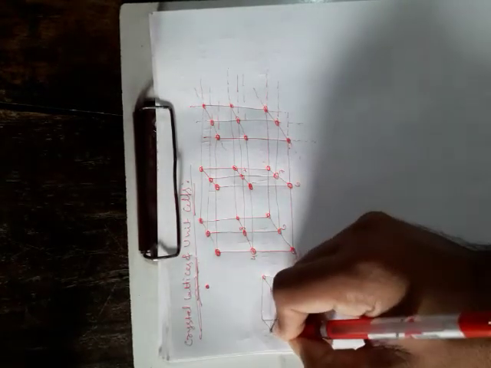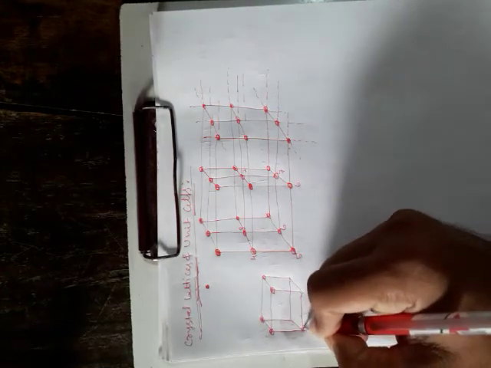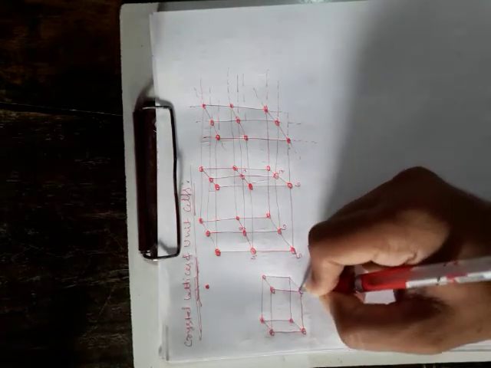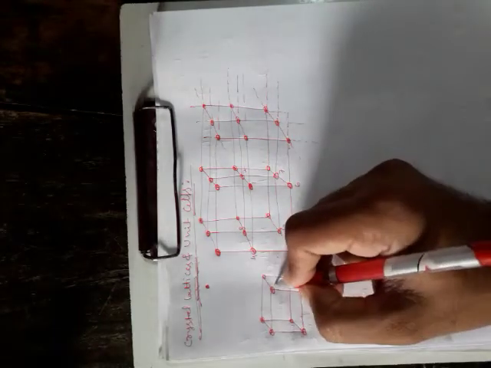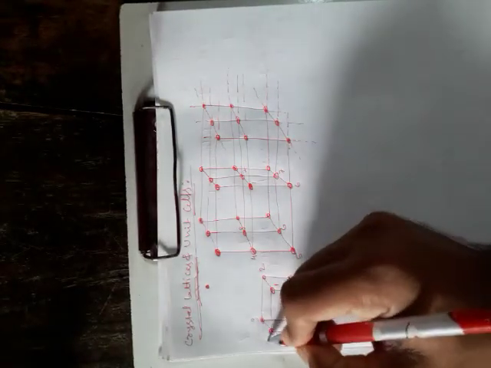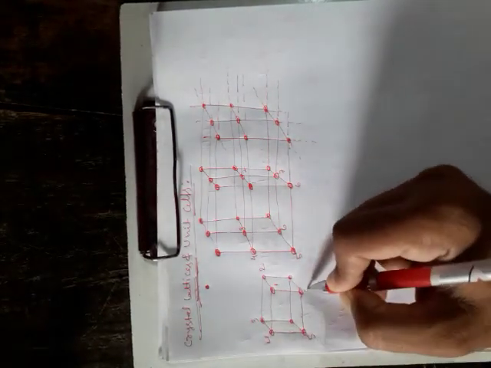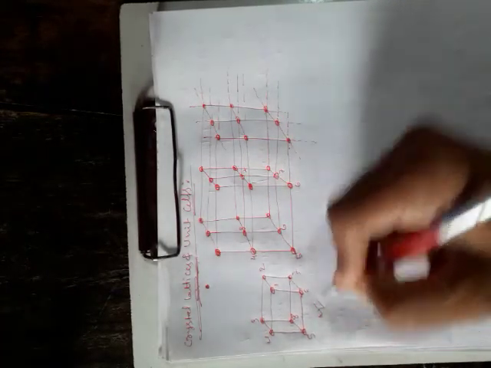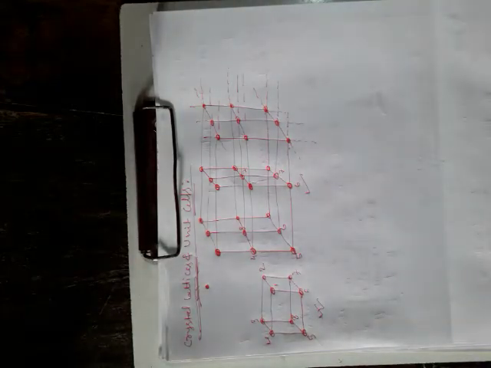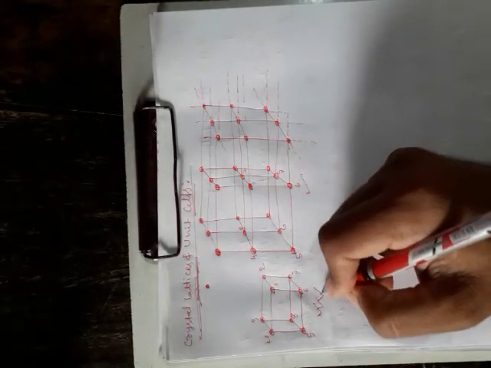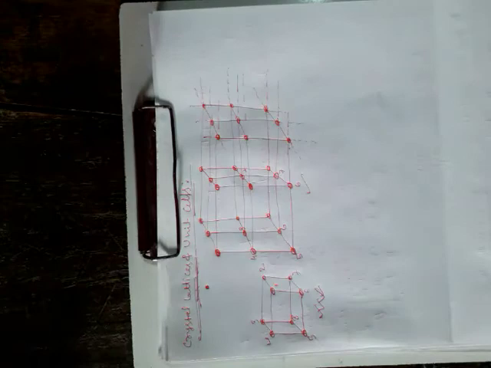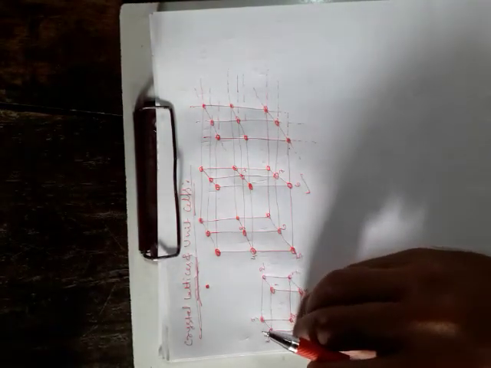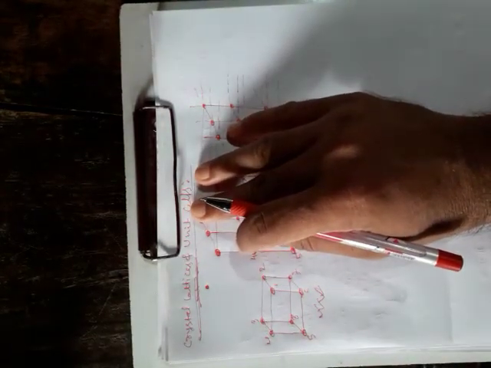This is the constituent particle. Now we compare this figure and this figure. It looks like this is the regular repetition of this unit part. So it is the unit cell of this crystal lattice.